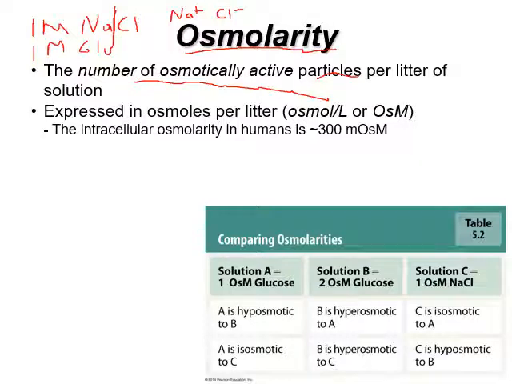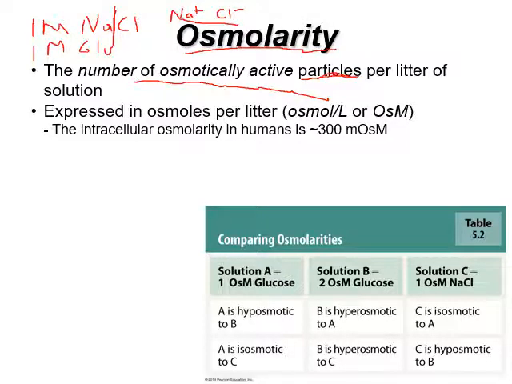That is 2 particles. Okay, so for ionic molecules, ones that will dissociate in water, you have to multiply by the number of particles that is made. In this case, we got 2.